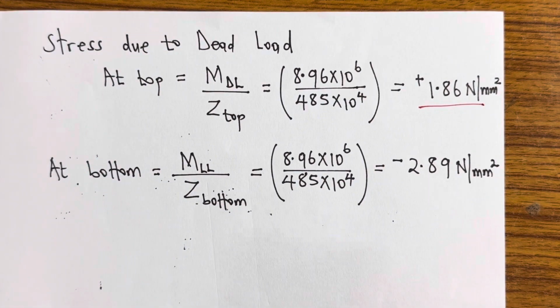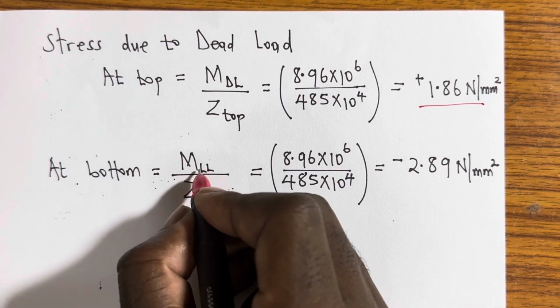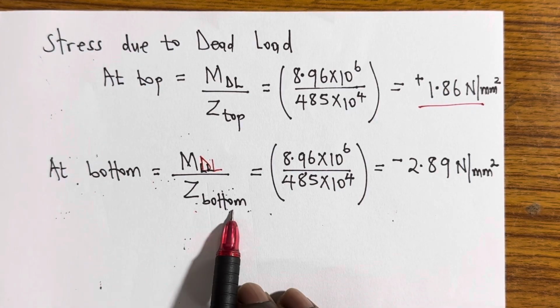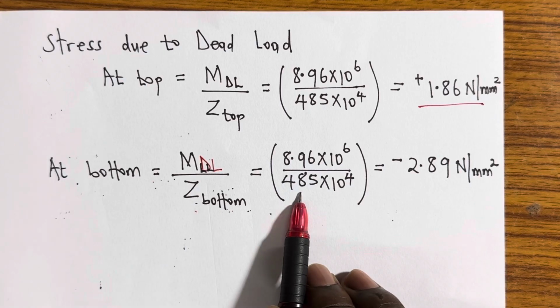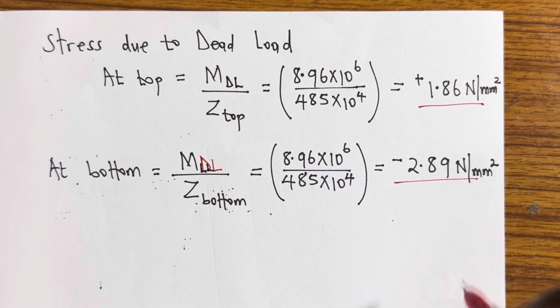Then at the bottom, moment due to dead load, sorry, divided by Z at the bottom. So this is 8.96 times 10 raised to power 6, divided by Z at the bottom. The answer is coming to negative 2.89 Newton per mm square. These signs have come because of the way you have to draw a stress distribution.